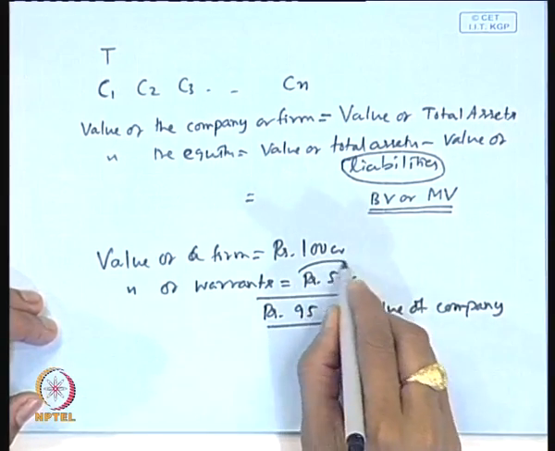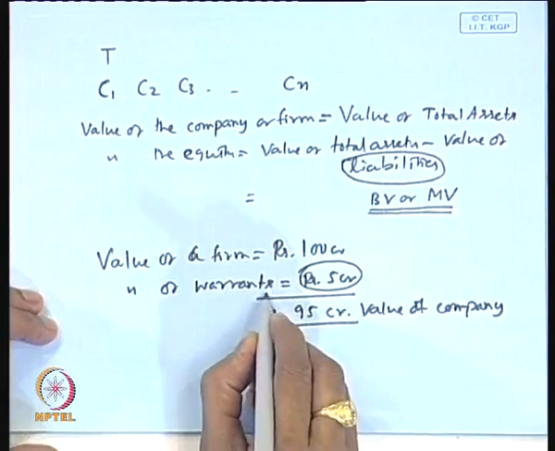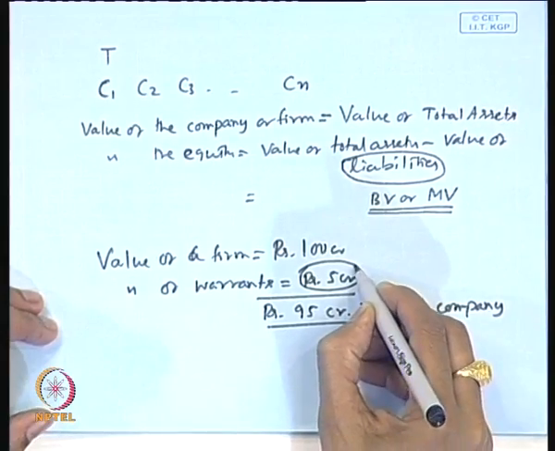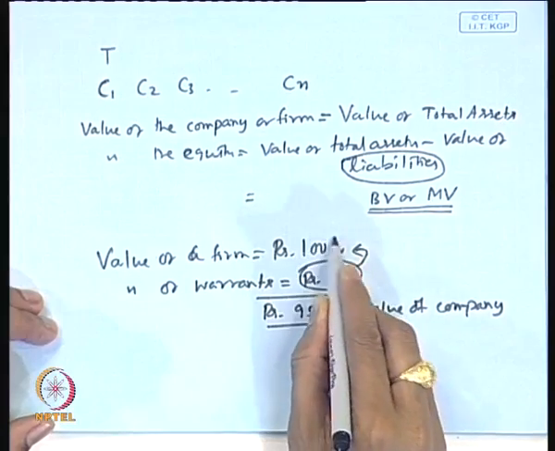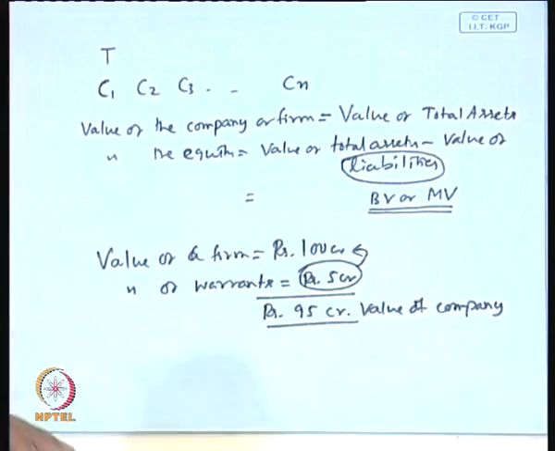So, this 5 crore is taken out of this 100 crore. That means the potential stakeholders, who are the warrant holders, have a claim on the assets of the company to the extent of rupees 5 crore. So, 95 crore is the value of the company as far as all the present stakeholders are concerned. This is the way one can take it out.